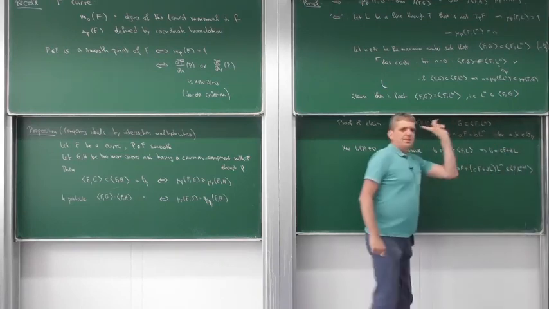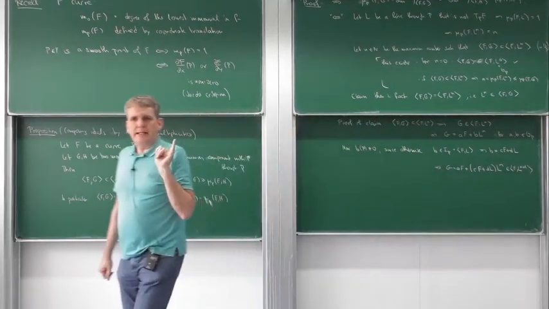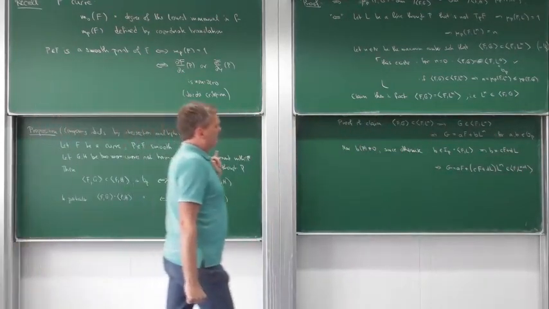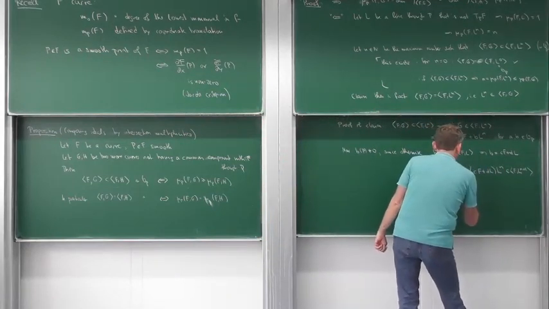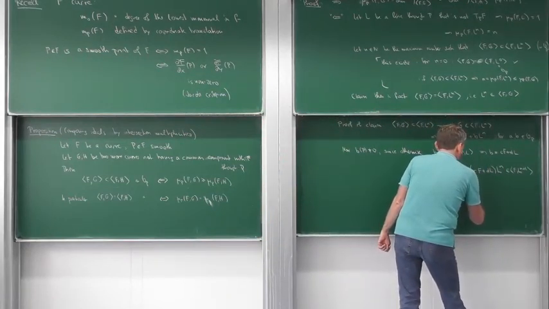And that's a contradiction to this maximality, right? So that would mean that Fg would actually also be contained in F and L to the n plus 1. And so that's a contradiction to n being maximal.